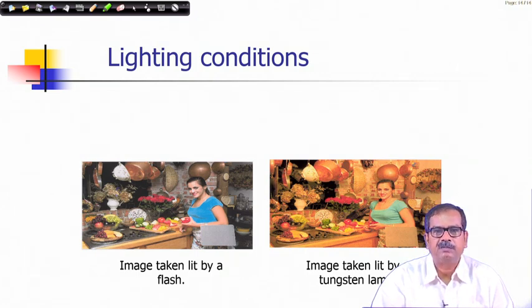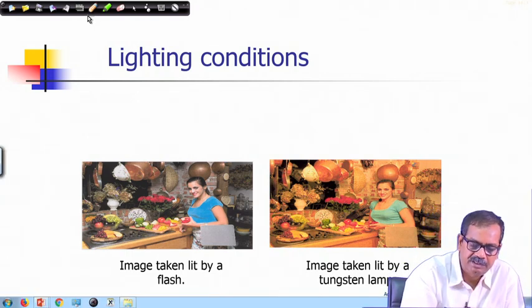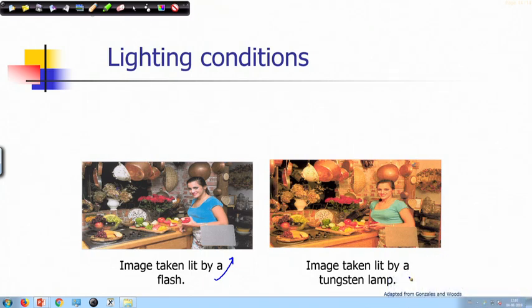The superpositions of those primary colors produce different kinds of image colors, though they are of the same scene. For example, this image is taken with a flash light, and this image is taken with a tungsten lamp, and you can see the differences.